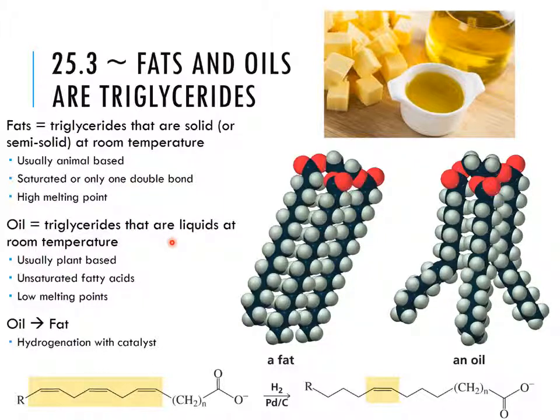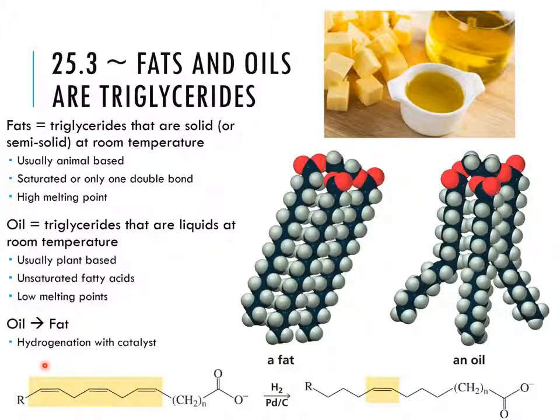And then the oils, the carbon chains on those are going to be unsaturated chains. So because of the double bonds, they're going to have the little bends in their chains, which means lower London forces, lower melting points, and that means that they're going to be liquids at room temperature. So this is things like olive oil, things that are usually plant-based.